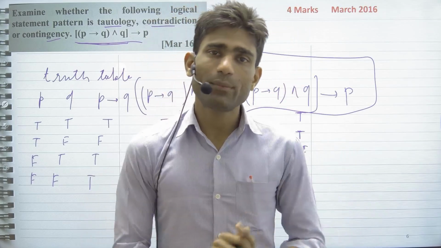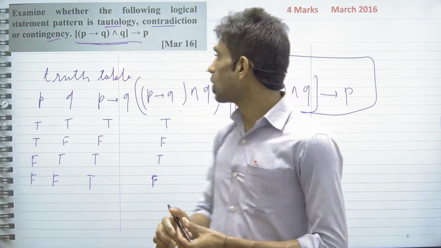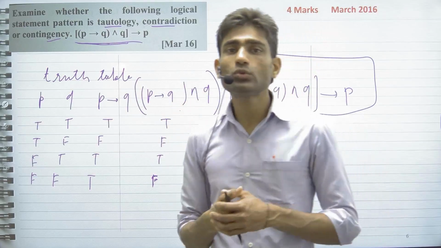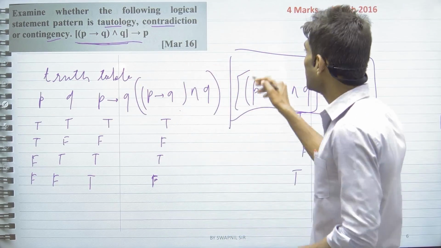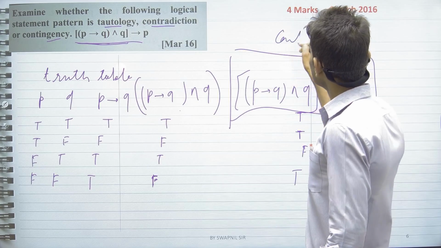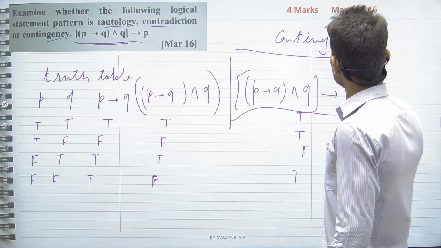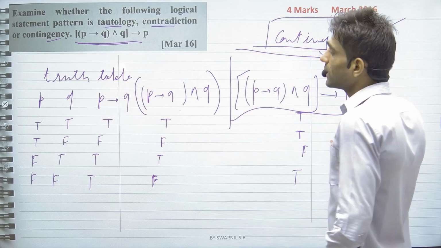If our truth table gives all values false, it goes to contradiction. And contingency means it is a combination of true as well as false values. So our statement pattern gives us contingency.